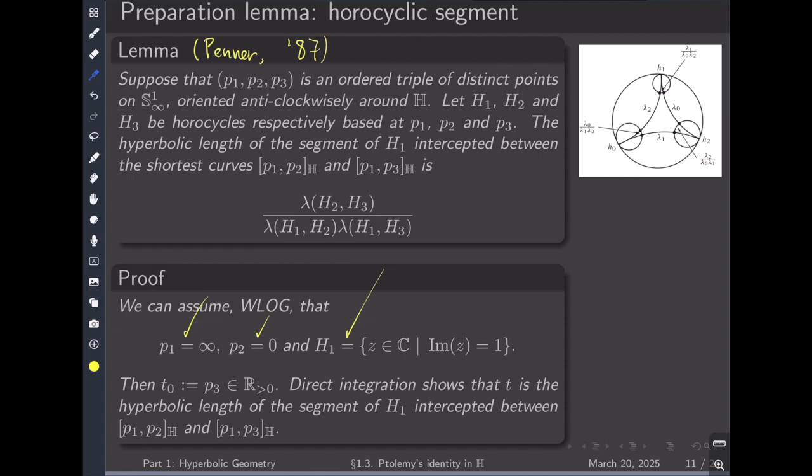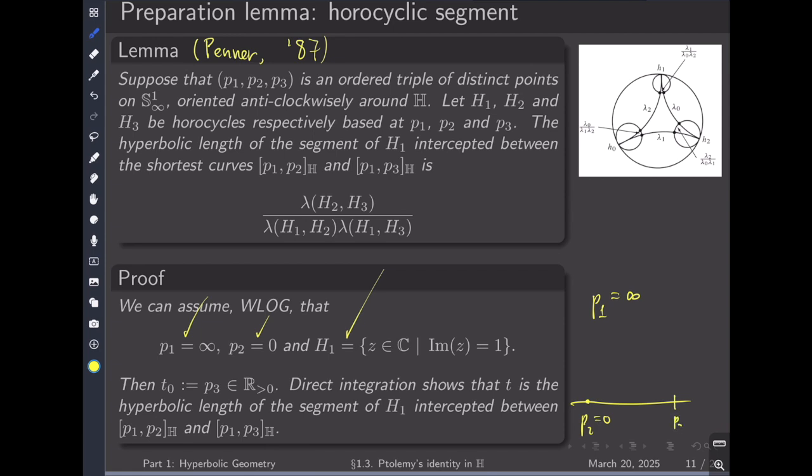Okay, and since I said that I'm working counterclockwise, and I already have P1 is infinity and P2 is 0, counterclockwise in the upper half plane means that P3 is to the right of 0.